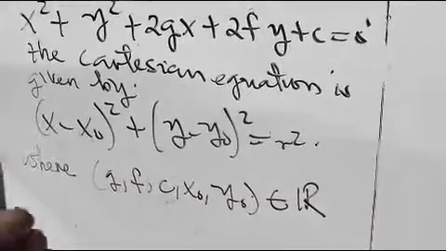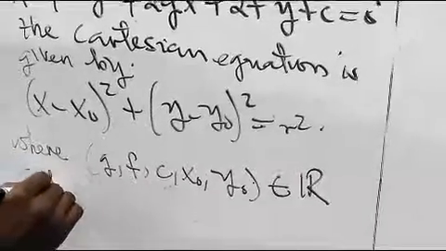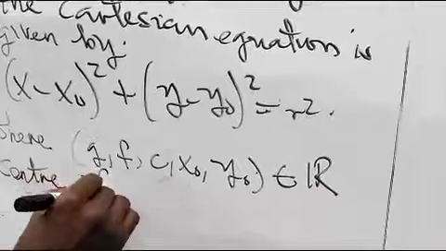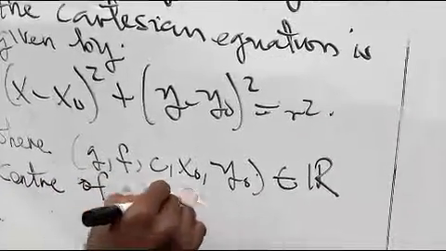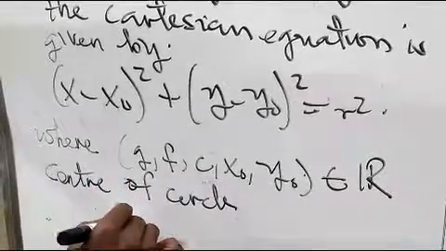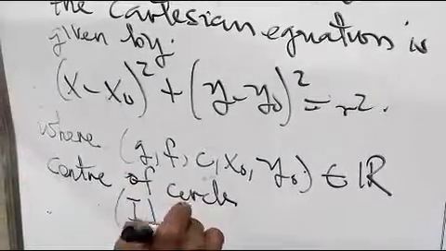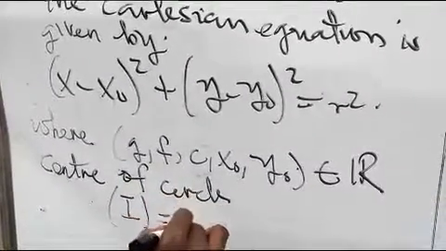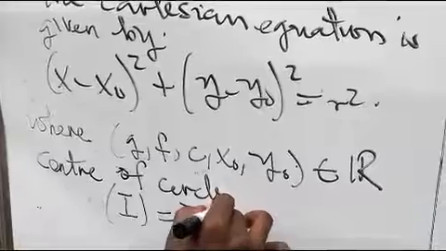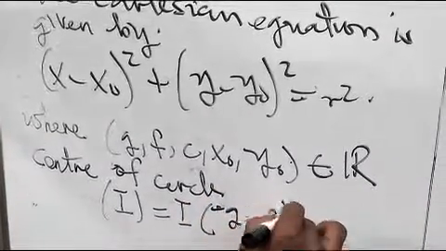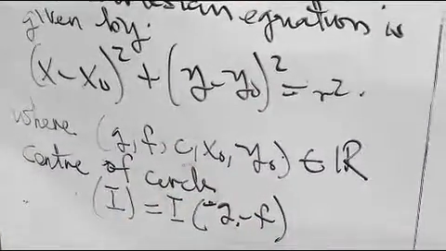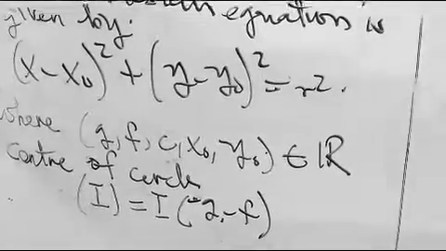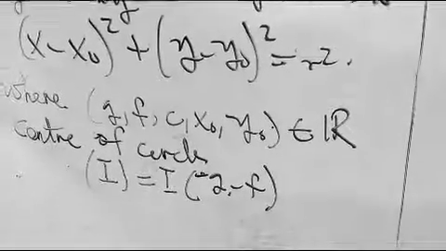Now we are going to talk about the center of the circle. The center of the circle, which is given as I, is defined as (minus g, minus f). That's simply from the general equation of the circle.